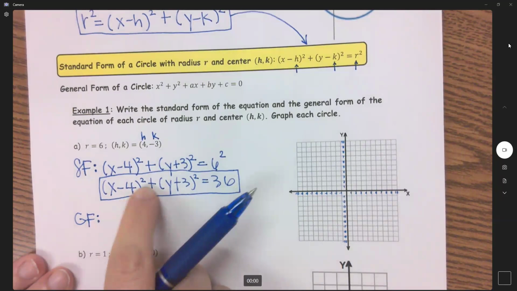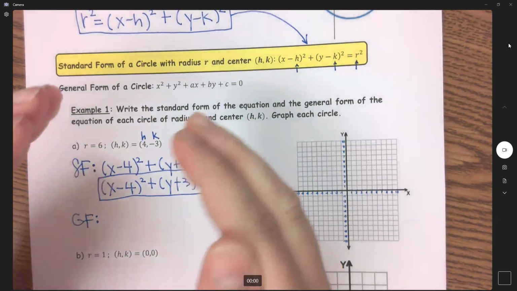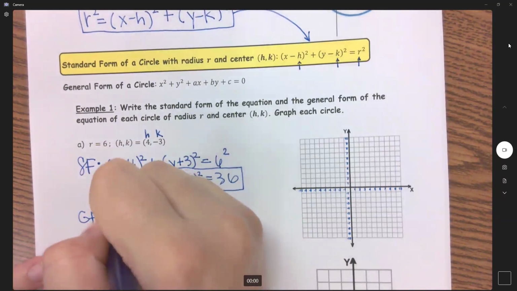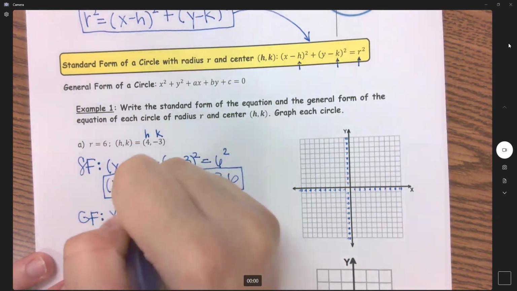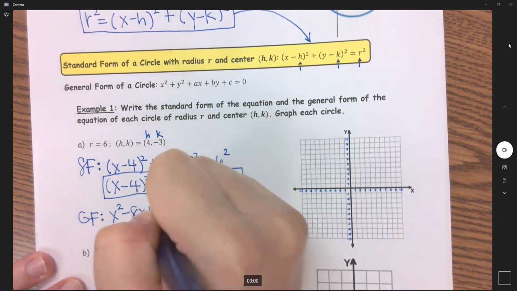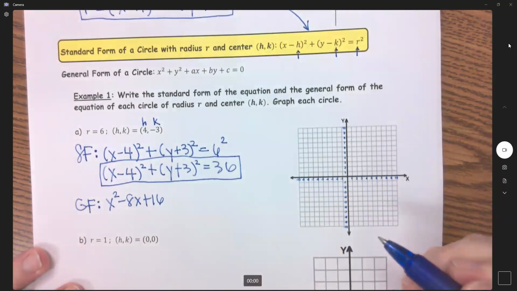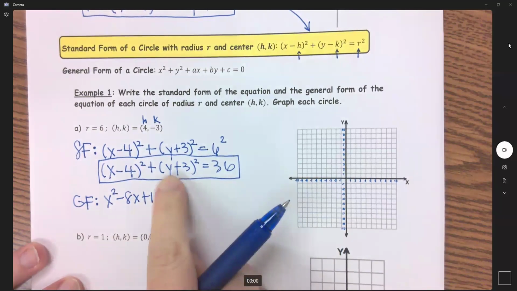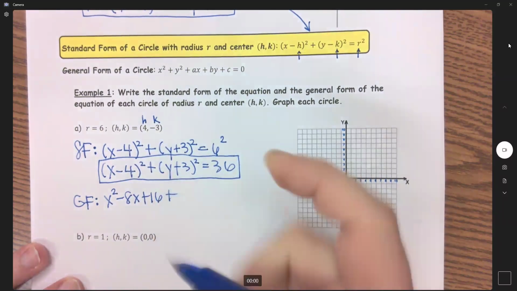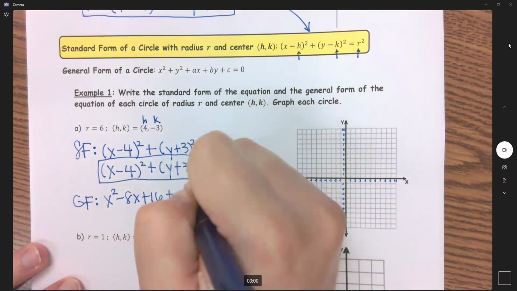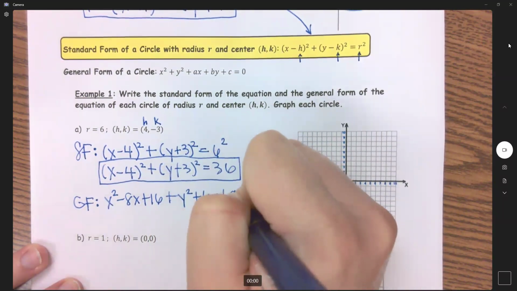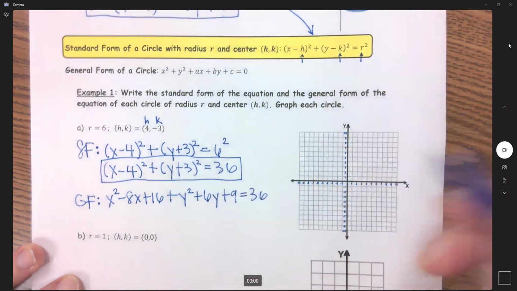So x minus 4 quantity squared, that is x minus 4 times x minus 4, FOIL and combine, and we get x squared minus 8x plus 16. Expand this out in FOIL. This is y plus 3 times y plus 3. When you FOIL, you get y squared plus 6y plus 9 equals 36.